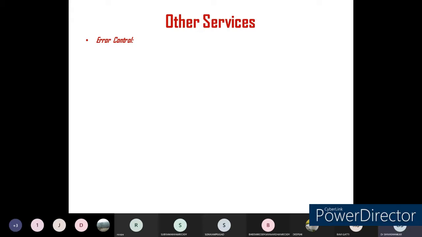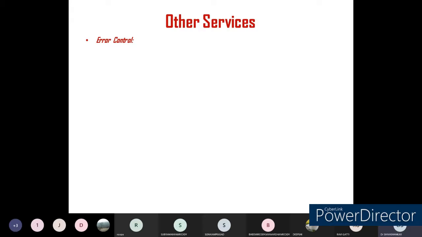That is also one type of error. For example, in a local area network, we can establish communication only using physical cable connections. If any physical cable is disconnected, then how do we transmit the data? That is also one type of error.